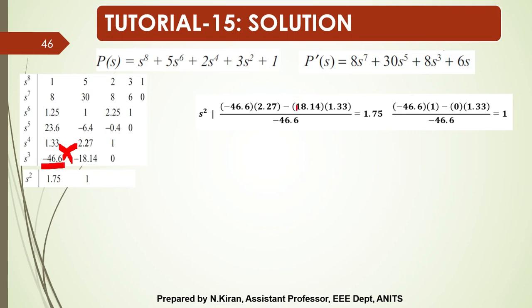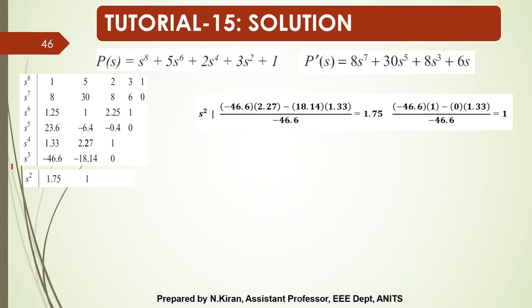So here I will have another minus, which will give me 1.75 as the first element of the corresponding row S squared. The next element is minus 46.6 into 1 minus 0 into 1.33 by minus 46.6, which is 1. That is the second element in the corresponding row S squared.